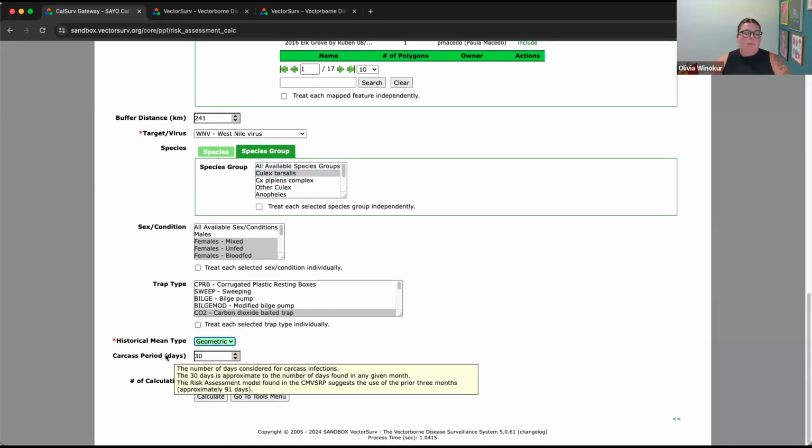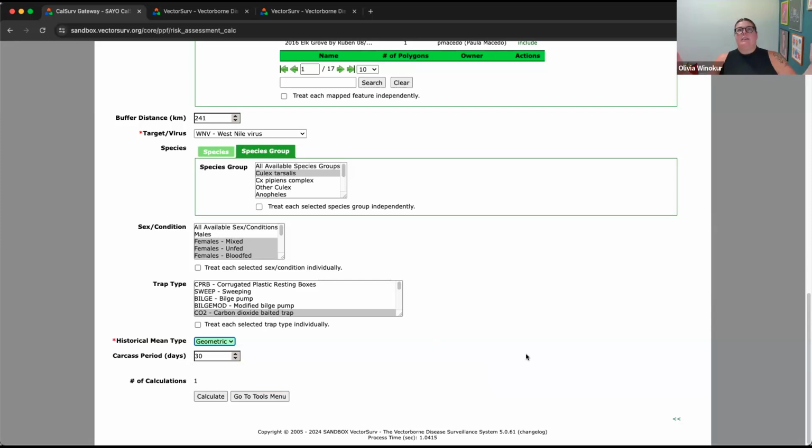So it's basically saying how long to let carcass data, so dead birds or seroconverted chickens, how long to let risk persist after a dead bird has tested positive. So I usually just leave that as is.